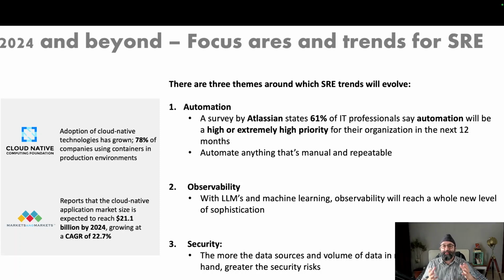Now with machine learning and LLMs all coming forth, observability will reach a whole new level, because we are going from predictive maintenance to predictive fixing. And then with all of this, the more data, the higher the volume of data, the more people involved, comes security risk. So these are 3 things that future SREs have to focus on.